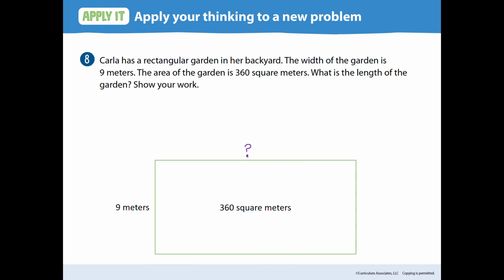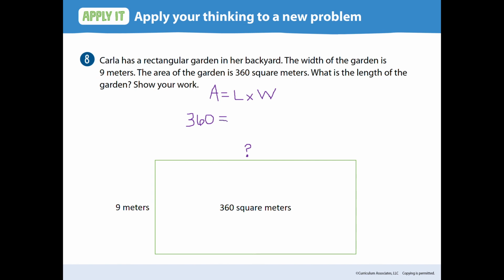So if we think about our equation, that area equals length times width, then we can plug in these numbers for the parts that we already know, and that will show us which part we need to find. So we know the area, the total area, is 360 meters.